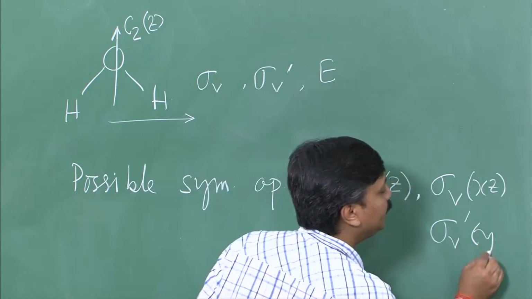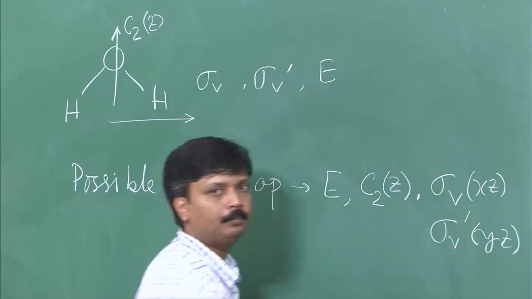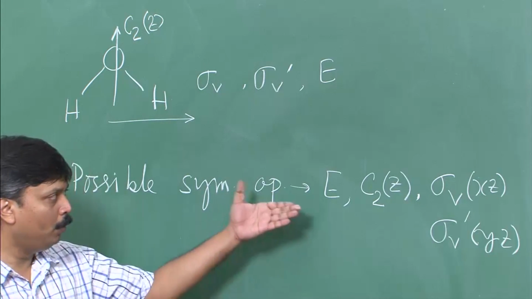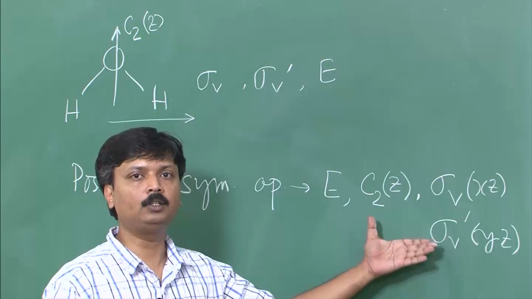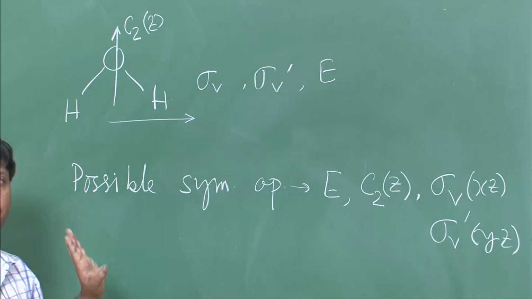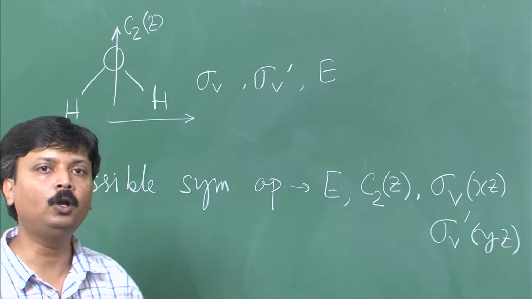You can even specify that, it will help you actually. Now, these are the possible symmetry operations. With this list of symmetry operations possible for this molecular structure, we will try to find out whether it will form a group or not.